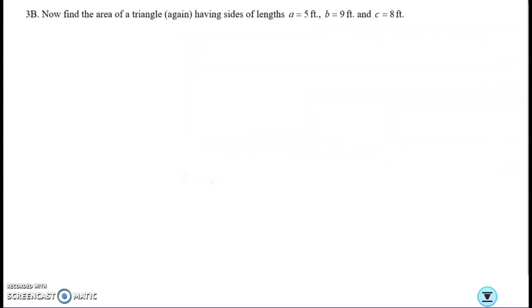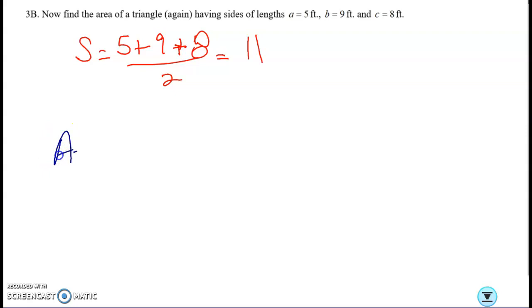So we're going to do this with the last example numbers and see if we get the exact same answer, 19.9 again. So first we have to find our semi-perimeter by adding up 5 plus 9 plus 8 and dividing that all by 2. And when you add that up, you get 22 over 2, which is 11. And then we're going to go and we're going to find the area.